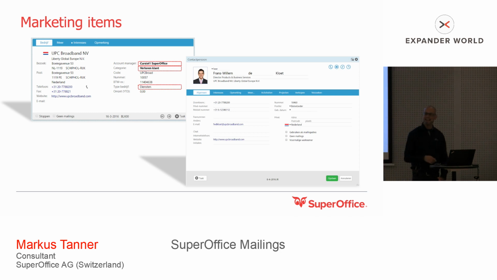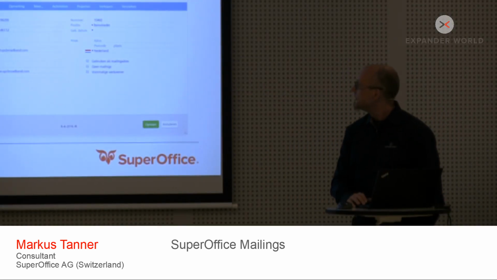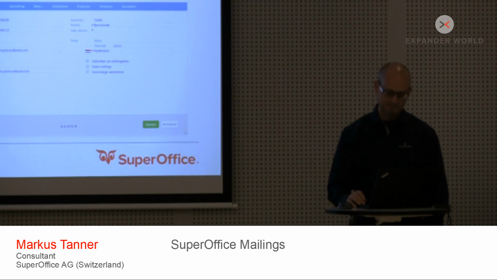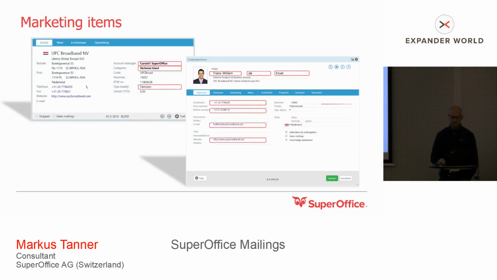Guess Niels, you did that? Yep. Perfect. So even it's in for Netherlands, I can say, well, that's the first name, last name, and so on. All right. So these are the basic data you have in the standard CRM.